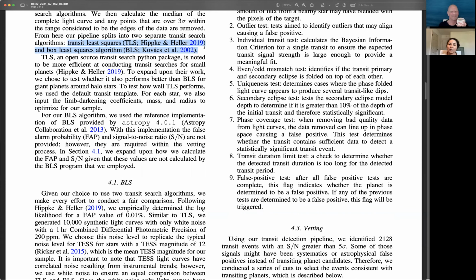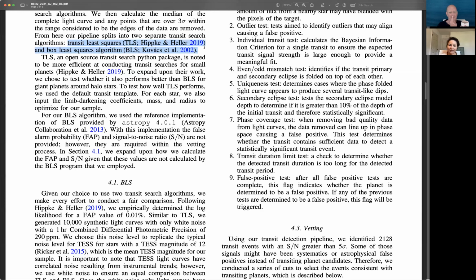But we also wanted to use Box Least Squares because it's a commonly used transit search algorithm that had been used by the field. So we wanted to compare how well these two performed together, specifically for halo stars, because in the TLS paper, they were specifically looking at Kepler data. And so we wanted to make sure, before saying we're only going to use this new method, that it does still work really well for TESS data as well.